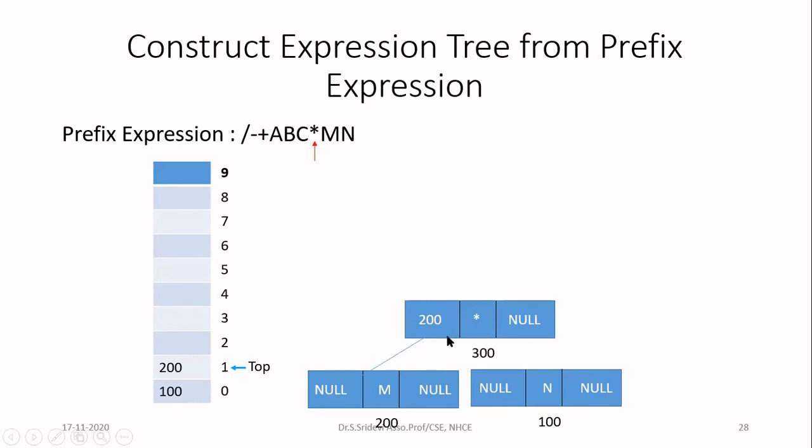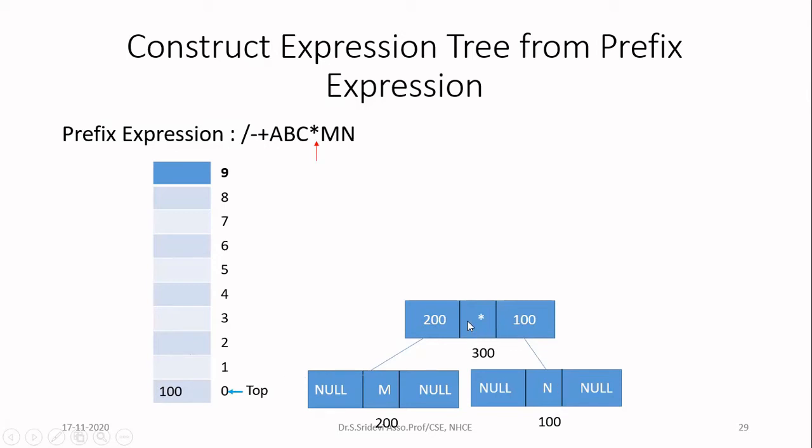In case of postfix, that is attached as a right child. Here it is different. Now 200 is the left child of this particular node. So one of the operands for this multiplication operator is now M. Then I need to pop the second address from the stack. It is 100. This 100 will be attached as a right child.